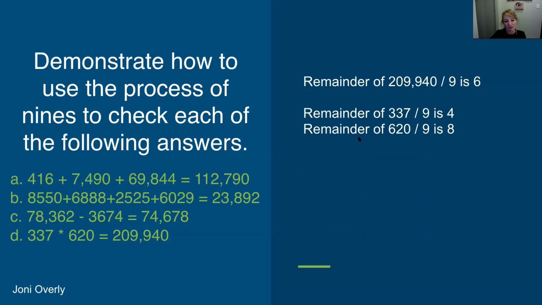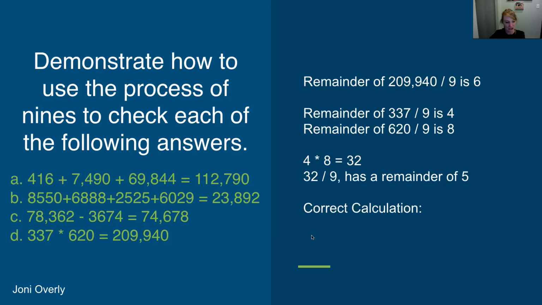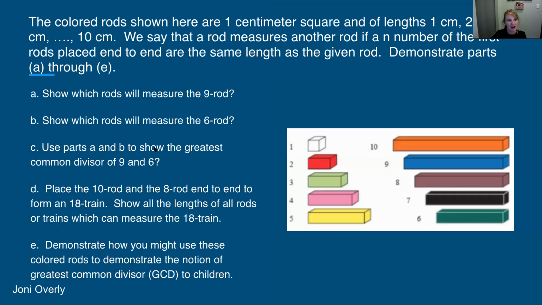So the product, 4 times 8 is 32, simple multiplication, which is a remainder of 5 divided by 9. So based on casting out the 9s, there's an error in this calculation. The correct calculation is 337 times 620 equals 208,940. All right, let's move on to the next one.